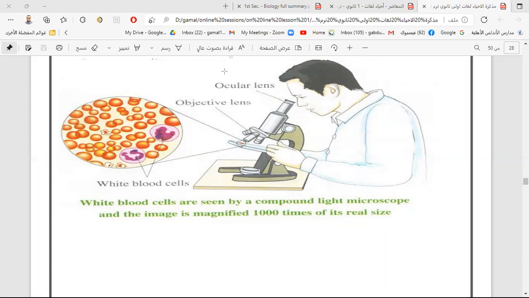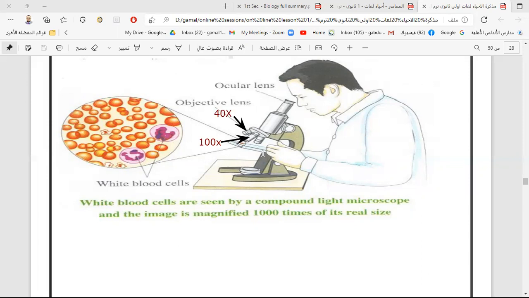For example, one lens here has a strong power of magnification. Its power may be 100 times, 100x. And the magnification of the other lens, for example this one, may be only 40x, which means 40 times.